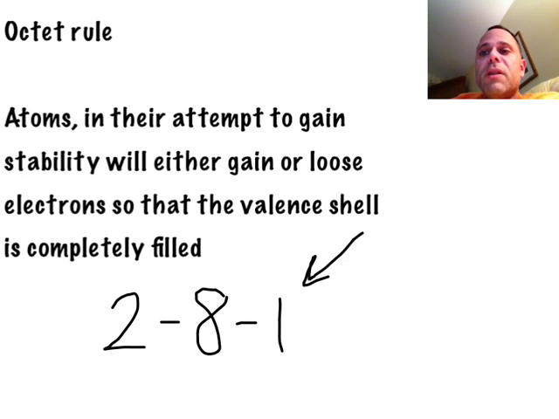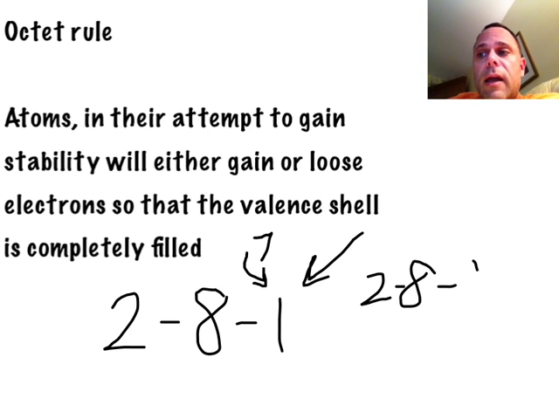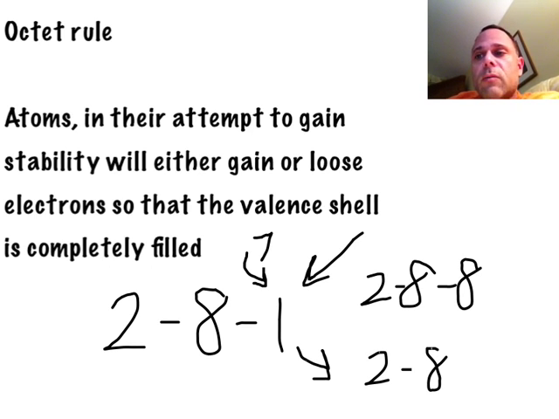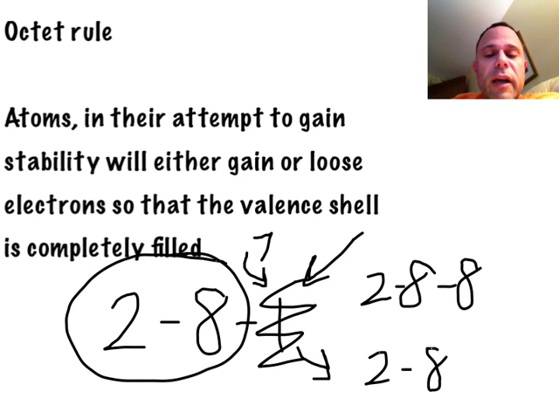So in order to complete that last shell, we either would have to add 7 electrons here, making it 2-8-8, or lose an electron, making it 2-8. Now, which is simpler? Well, it is simpler to lose 1 electron than to gain 7. So we would lose that 1 electron, acquiring an electron configuration of 2-8.